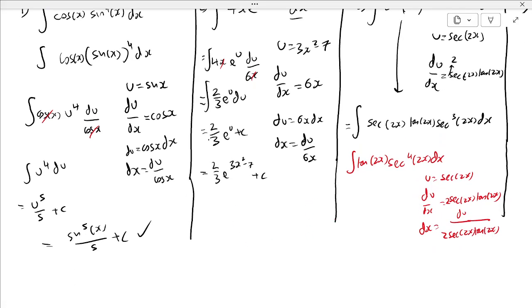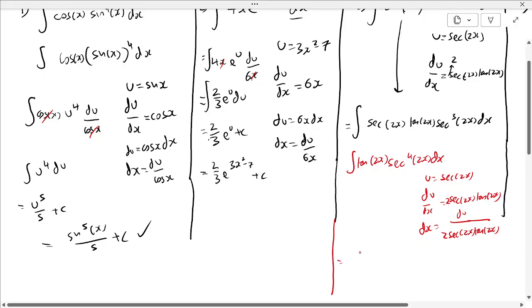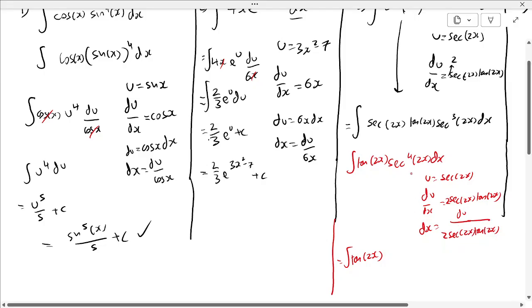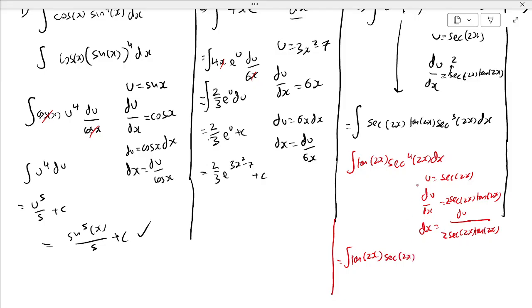Instead of tan 2x, well, I can't rewrite it nicely, so I'll just keep it tan 2x for now. At this point, hopefully you can see it's going to cancel off when I divide. This sec to the 4, now I'm going to divide by sec tan. So I'm going to do what I did earlier. I'm going to keep one of those sec 2x's as a sec, so it can cancel off. And the other sec cubed can now become u cubed. And instead of dx, I'm going to have du over 2 sec 2x tan 2x.